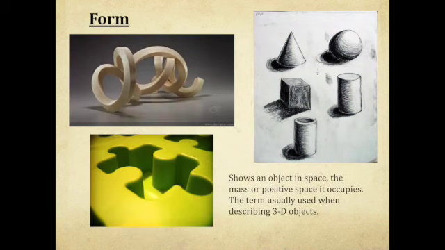It becomes a form. Forms are three-dimensional. Forms show an object in space, the mass or positive space that it occupies. And usually we talk about it just in 3D terms, although we do talk about it in drawing, like the image on your right, that if you create shadow, so you use that concept of value on a shape, then you can create the look of a form.